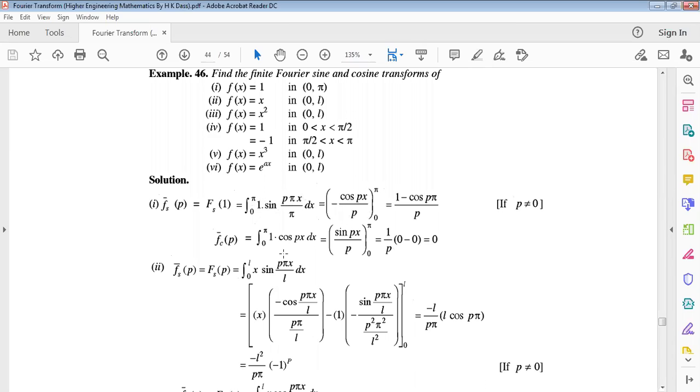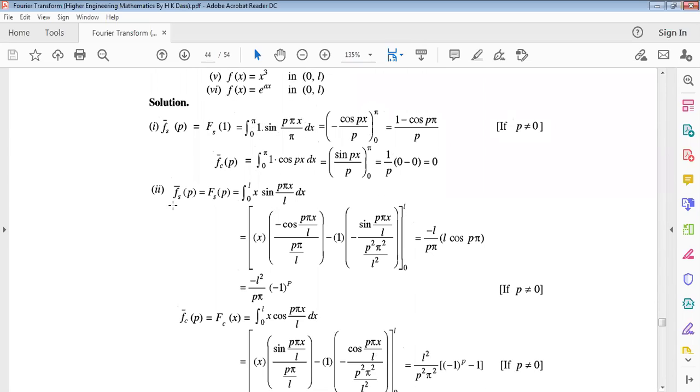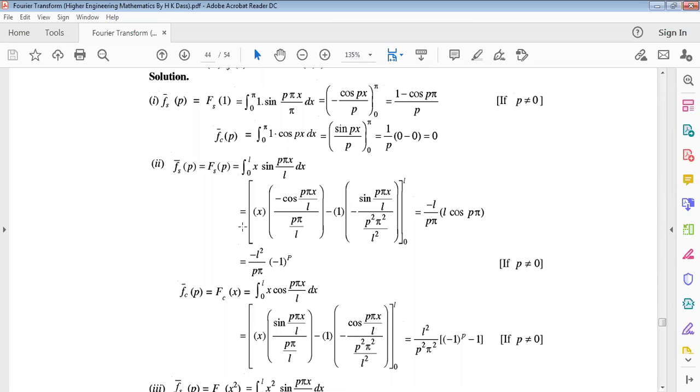Now the cosine transform will be the same using cos, this is the result. Similarly, the inverse finite Fourier transform, for the 0 to L function will be x, this is the given. Number 2, f of x equals x.